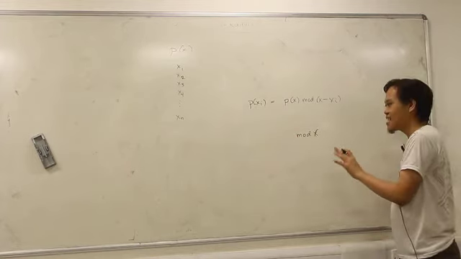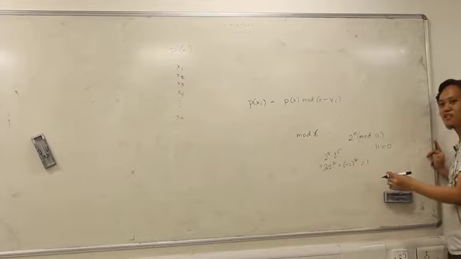What we're saying is we want this value, but in a world where 11 is equal to 0. That's why this is 2 to the 5 times 2 to the 5, and then you get 32 squared. But we know we're in this world, so 32 in this world is just minus 1, so we square it and get 1.